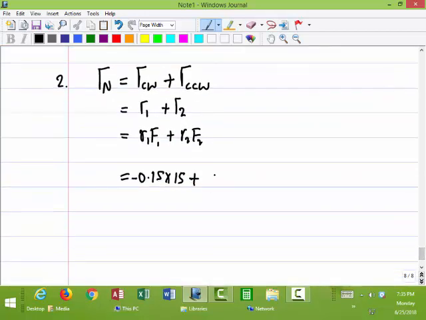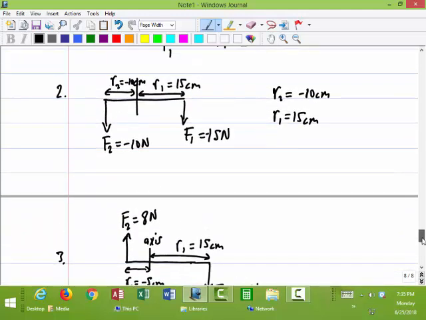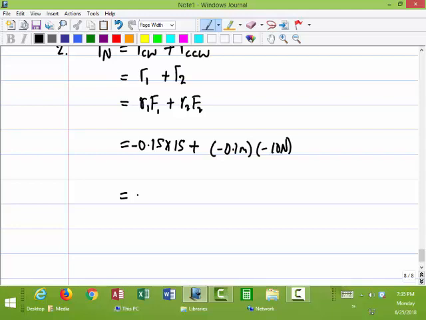So this would be negative 0.1 meters times negative 10 newtons, from those two forces. So we shall have negative 2.25 Newton meters plus 1 Newton meter. So this can be written as negative 1.25 Newton meters.